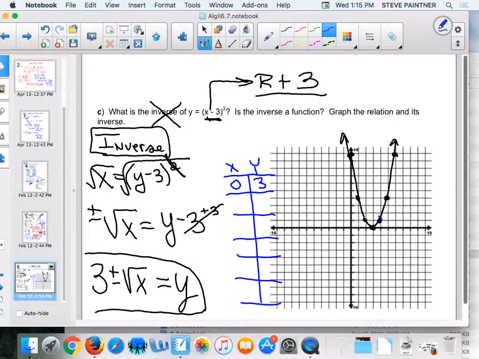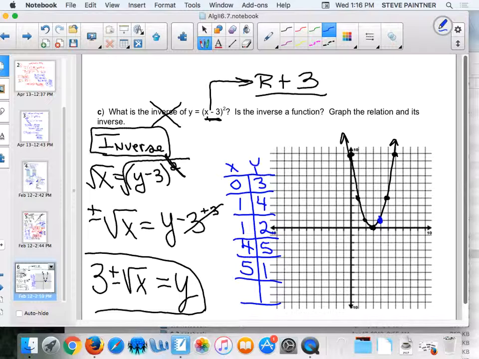When you switch this one, 4, 1, 1, 4. This one would be 2, 1, or 1, 2. This one is 5, 4. You switch it. 4, 5. This one's 1, 5. Switch it. 5, 1. Did I do that right?